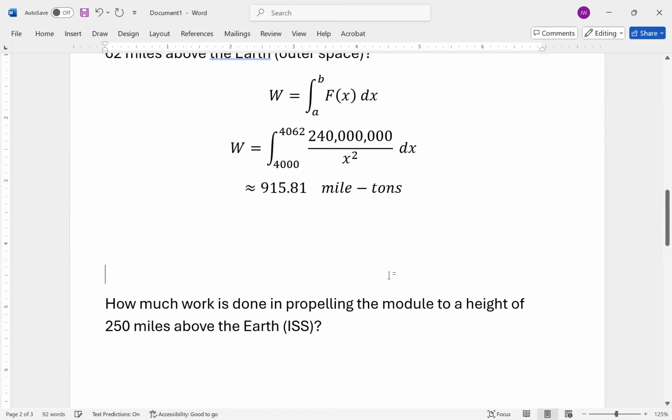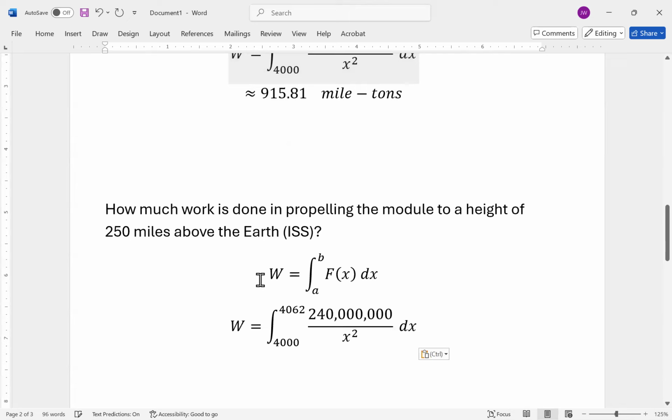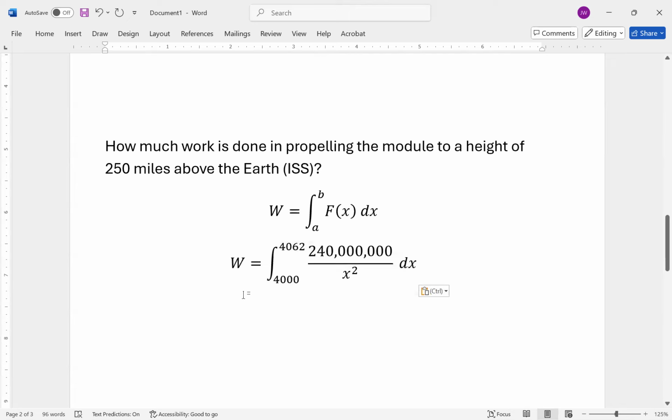If I'm propelling it to the height of the International Space Station, again, these are rough heights. Well, since the International Space Station is 250 miles above the surface of the Earth, that means it is 4,250 miles above the center of the Earth.